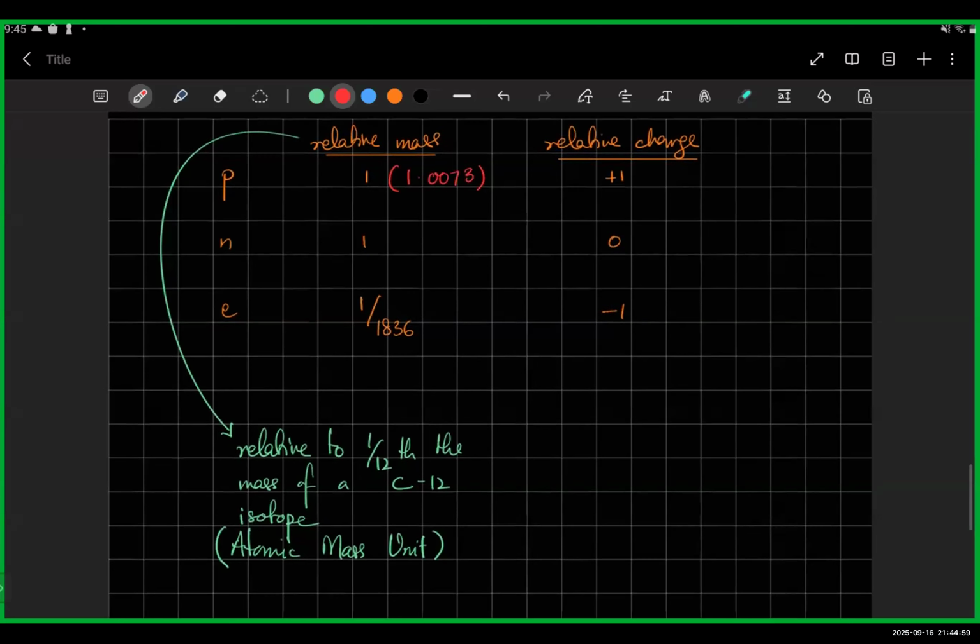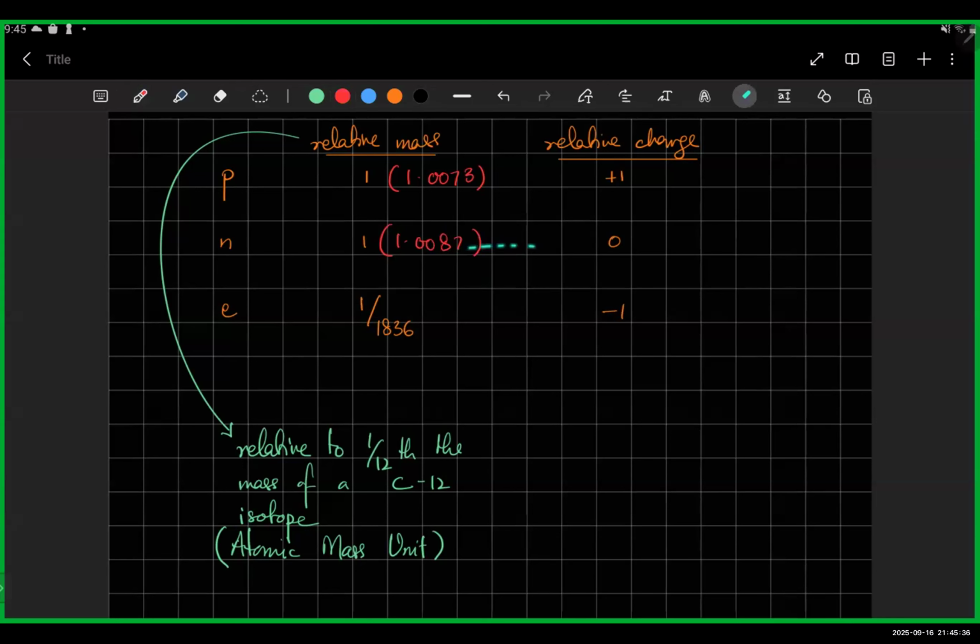Similarly, I'm going to write down the mass of a neutron. Okay, the neutron mass, let's work out the exact relative mass. You don't have to remember this. This is 1.0087. And remember, it's got never-ending decimals, which means it all depends on the accuracy of your device.